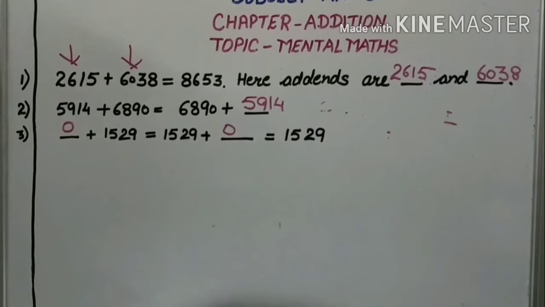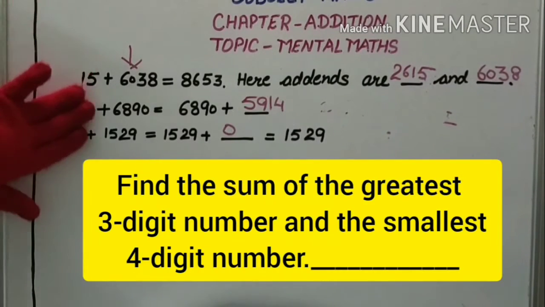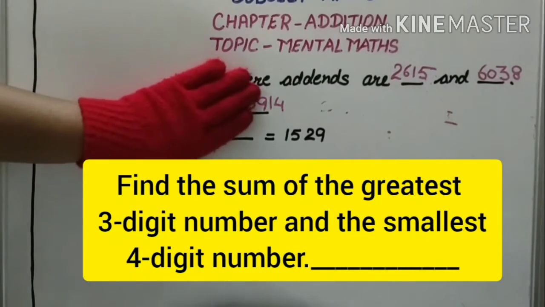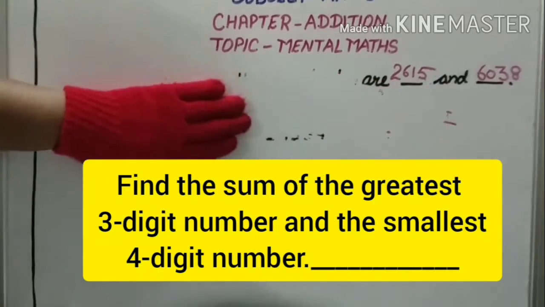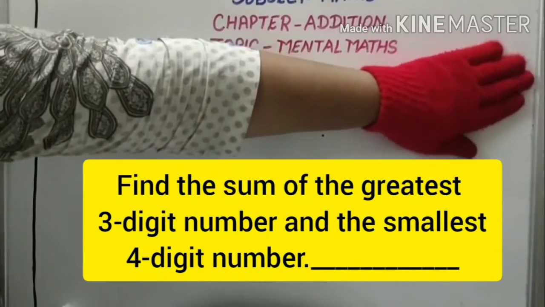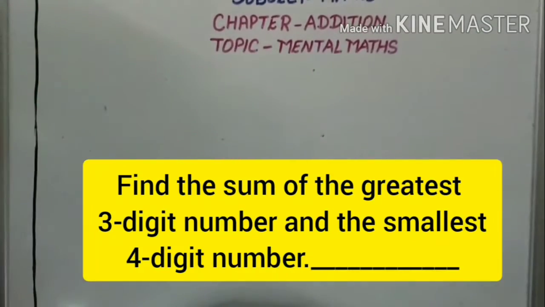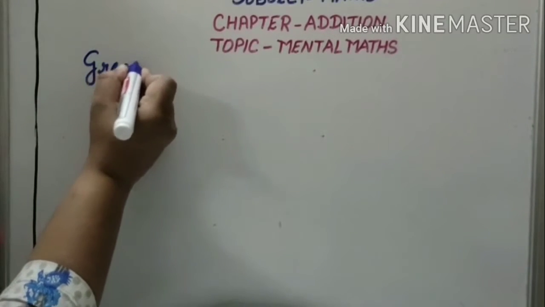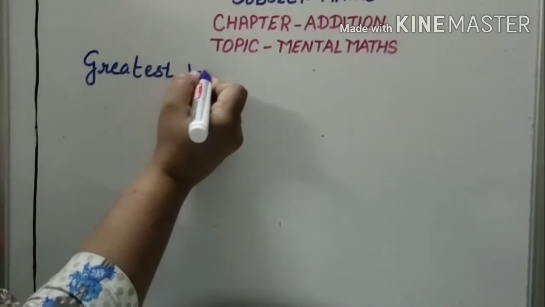Now our next question is: find the sum of the greatest 3-digit number and the smallest 4-digit number. Now here, children, first of all you should have the knowledge about the greatest number and the smallest number. I have told you in the number system chapter also.